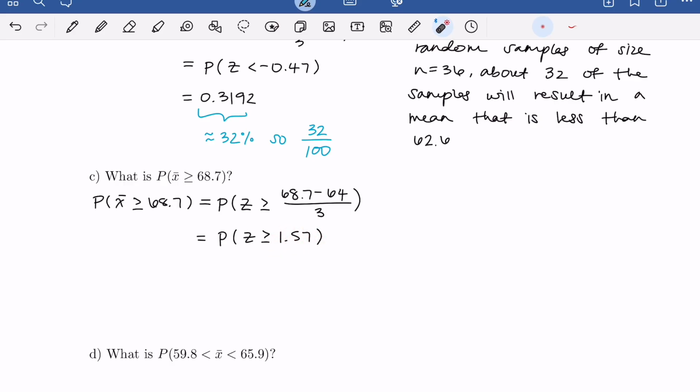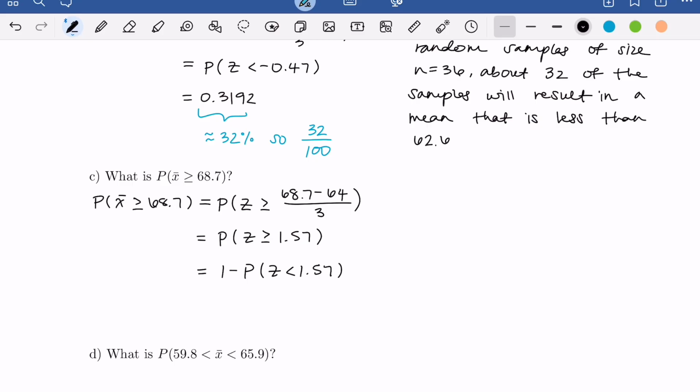And remember, if we look at this z-score on table 5, we get the area under our normal curve to the left of this value. So in order to find the area to the right, we're looking at all the values that are greater than this z-score. We're going to have to take 1 minus the probability that z is less than 1.57.